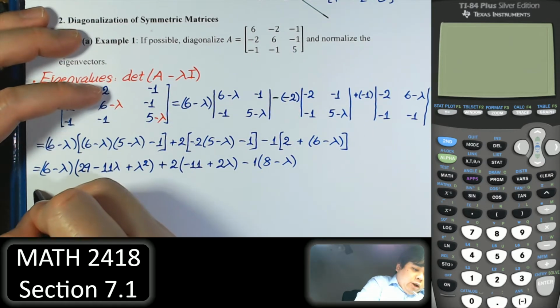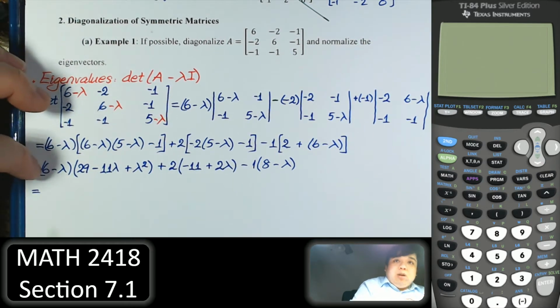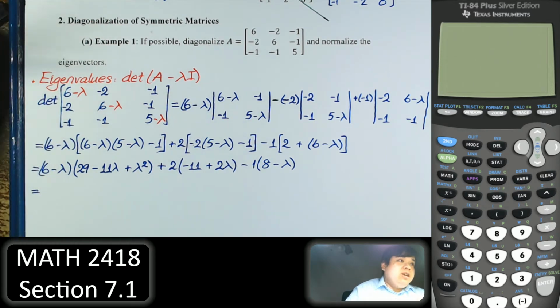Right, multiply them all out. Multiply by 6, 6 times 29 is 174.